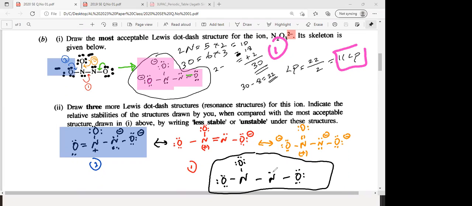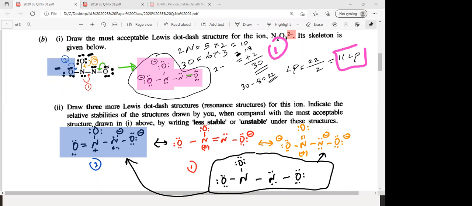Either you can put both the pairs on this. Then you can get this one, and it's like this one and this one. Or else you can distribute one lone pair on one nitrogen, the other lone pair on the other nitrogen.